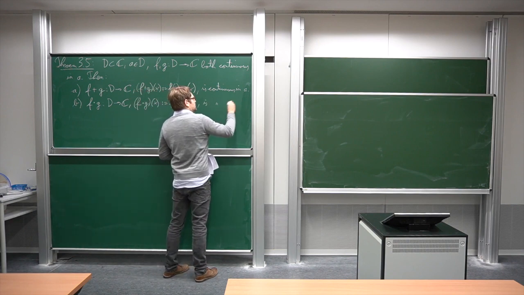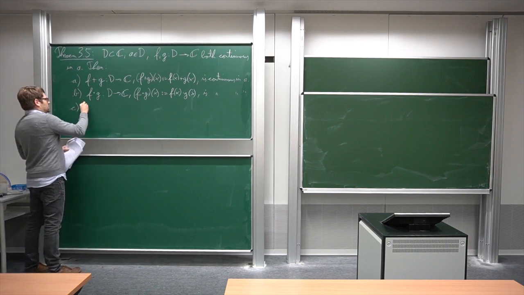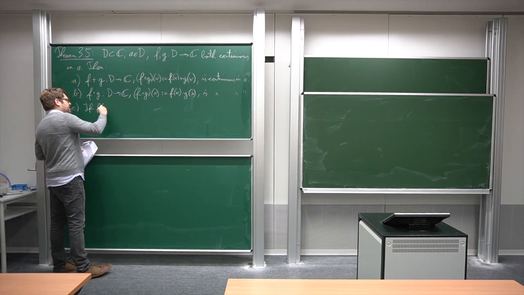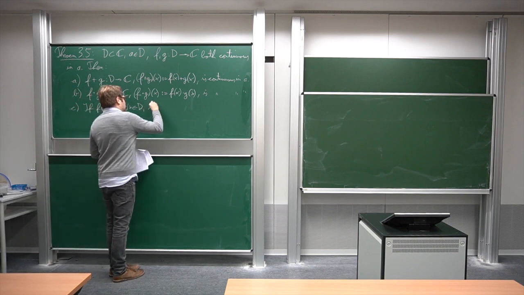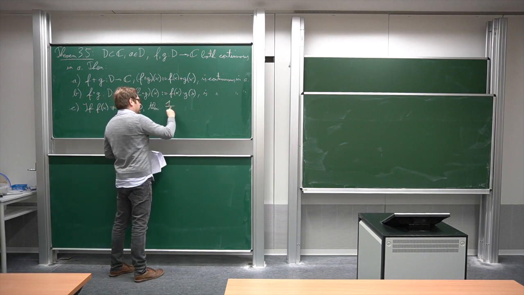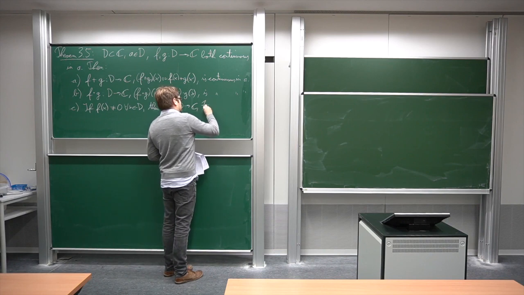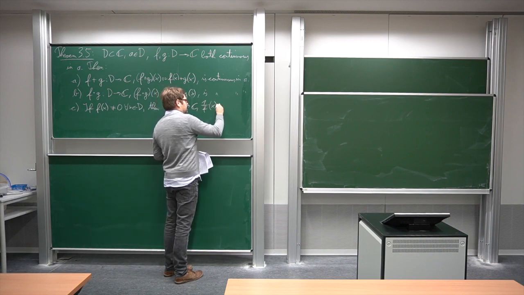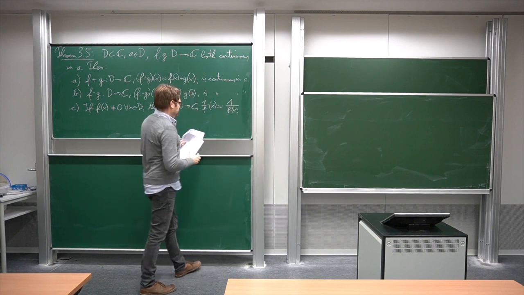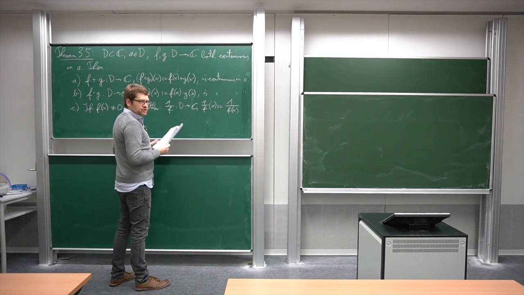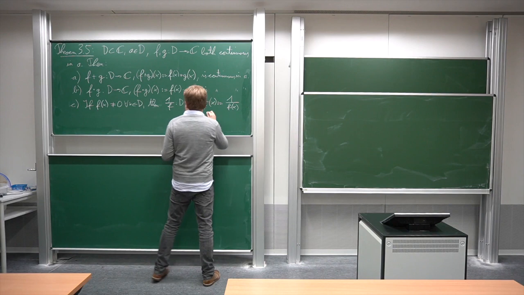This is continuous in A. Then, if f of x is non-vanishing for all x in D, we can define 1 over f from D to C, simply by saying 1 over f at the point x is defined as 1 divided by f of x. So just division in C. This is continuous in A.